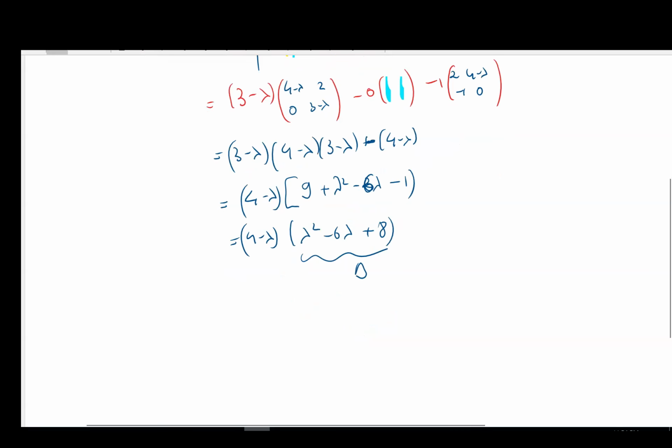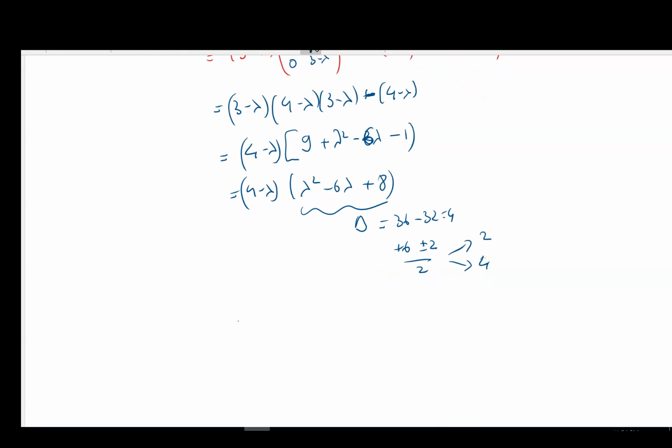The delta is 36 minus 4 times 8, which is 32, that's 4. And my roots are going to be 6 plus or minus 2 over 2, which makes 4 over 2, that's 2, and 8 over 2, that's 4. So I've got 4 as another root.